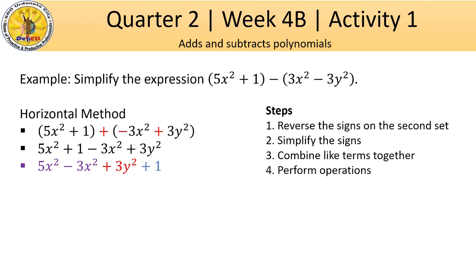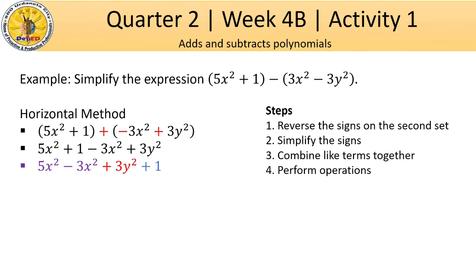Then, I will simplify the signs where positive multiplied by negative becomes negative and positive multiplied by positive is positive. So the expression will become 5x to the second power plus 1 minus 3x to the second power plus 3y raised to the second power. Then I will combine like terms together.